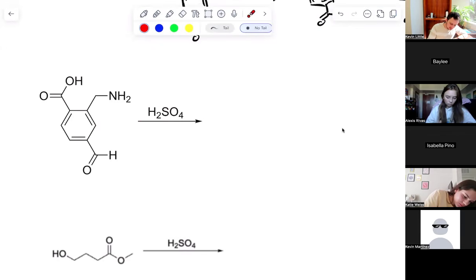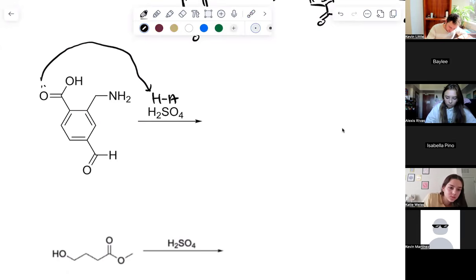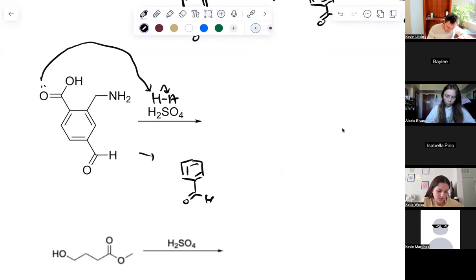I'm in acidic conditions, so this carboxylic acid is most likely the electrophile. So, protonate my electrophile.